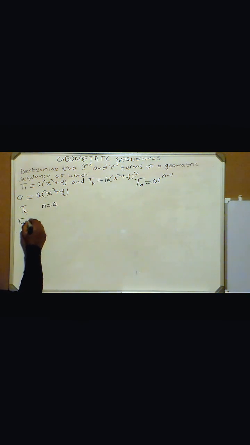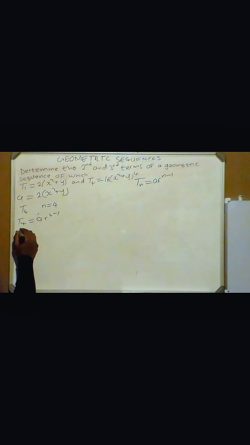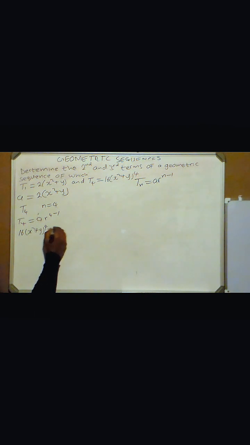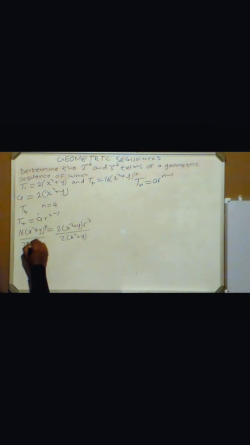So t4 is equal to a r to the 4 minus 1. We know that t4 is equal to (16x squared plus y) to the power 4, and a is 2x squared plus y, times r cubed. So we divide by 2x squared plus y.